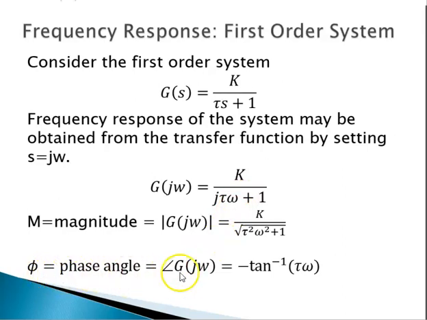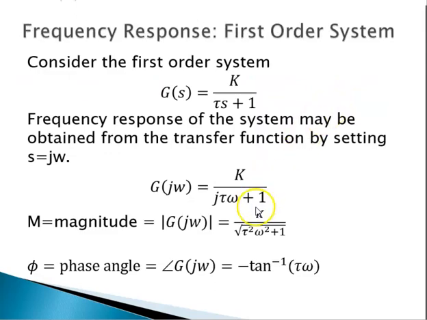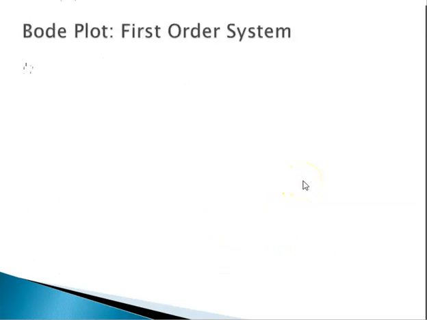And its phase angle can be obtained as phase of the numerator minus phase of the denominator, tan inverse tau omega. To draw the Bode plot, you take logarithm multiplied by 20 to get the magnitude ratio in decibels, which is all this expression which we got, 20 log K minus 20 log square root of so and so.